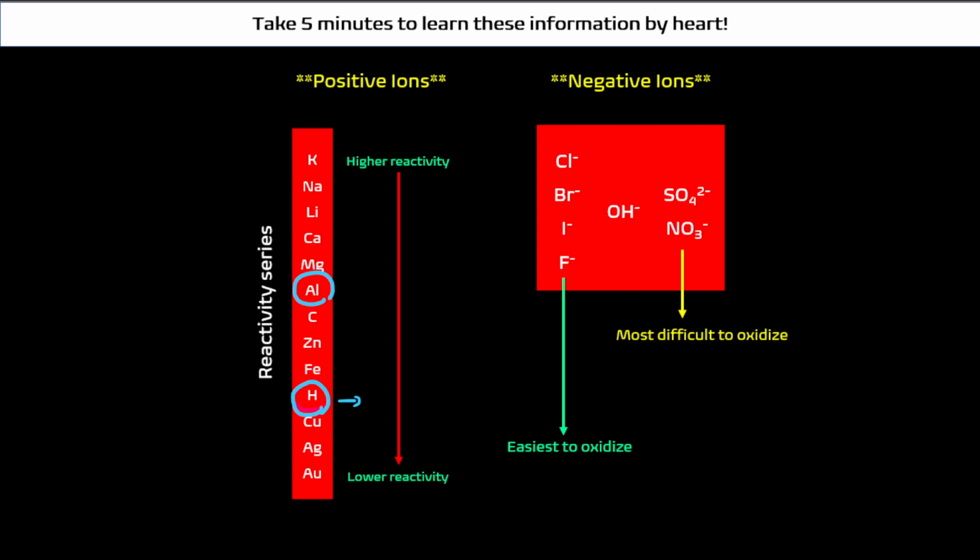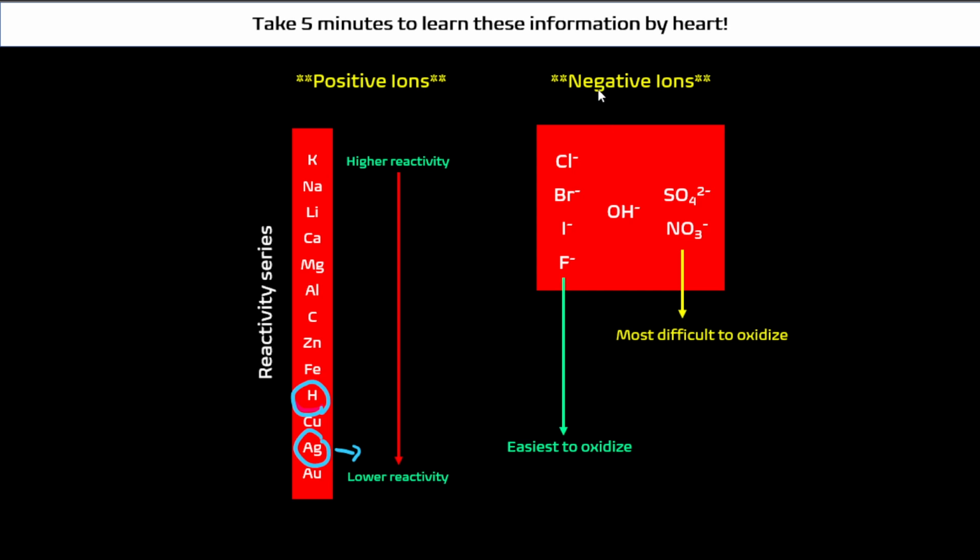If it was between hydrogen and silver, silver will be deposited at the cathode because silver is less reactive than hydrogen.